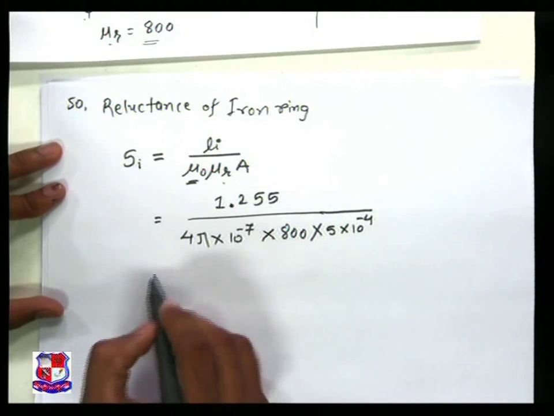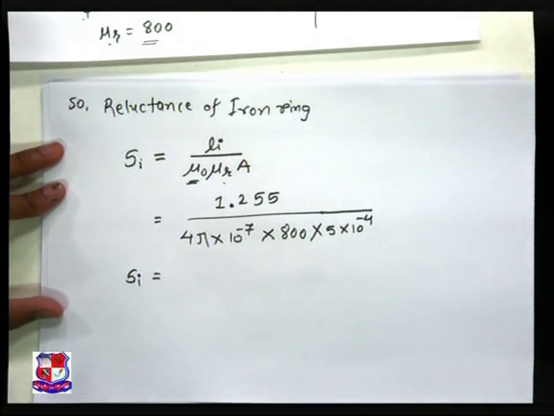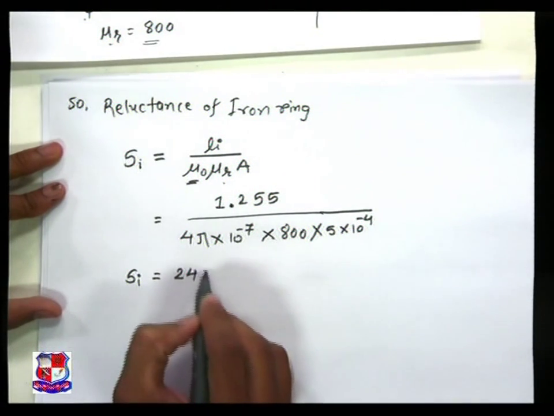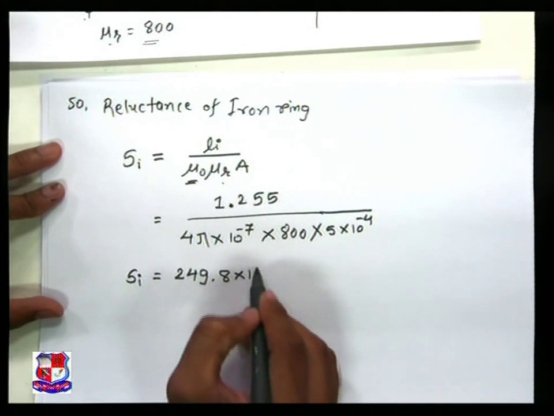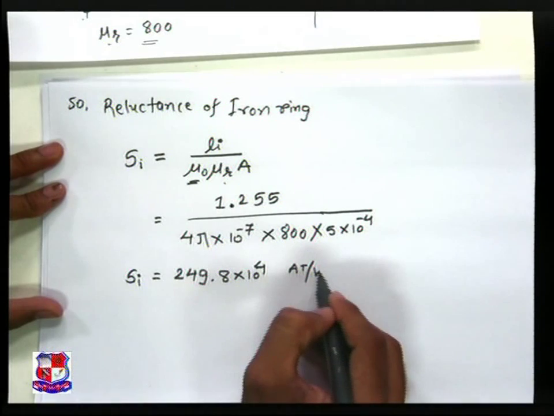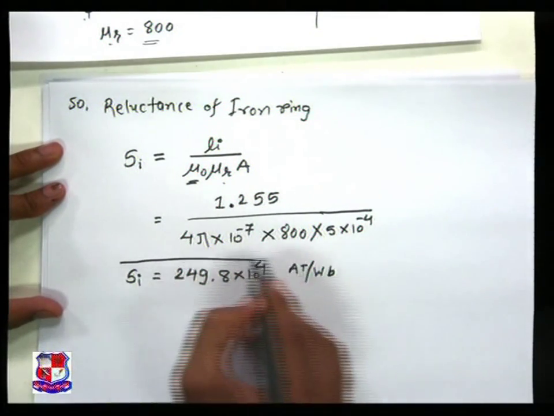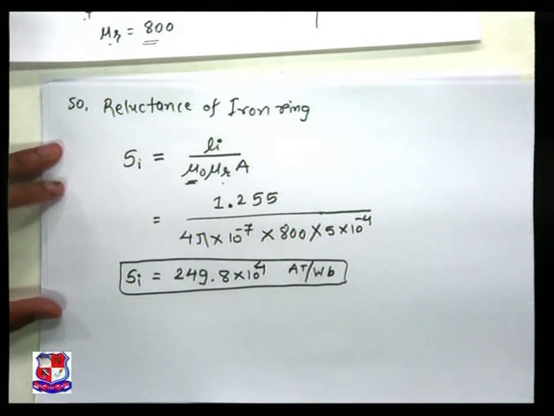By solving all these terms, we get the reluctance of the iron core is 249.8 into 10 raised to 4 ampere turn per Weber. It is the reluctance of the iron core.